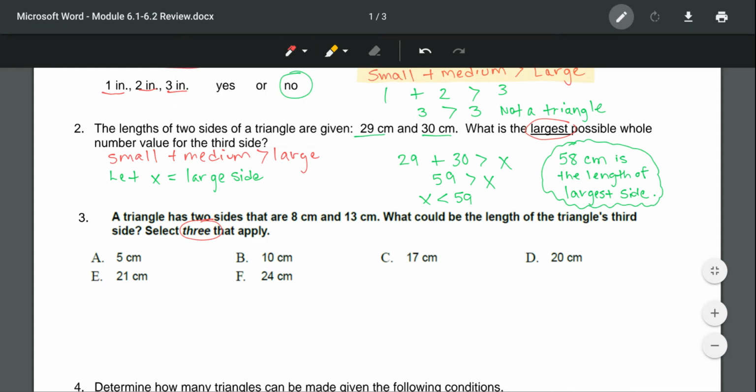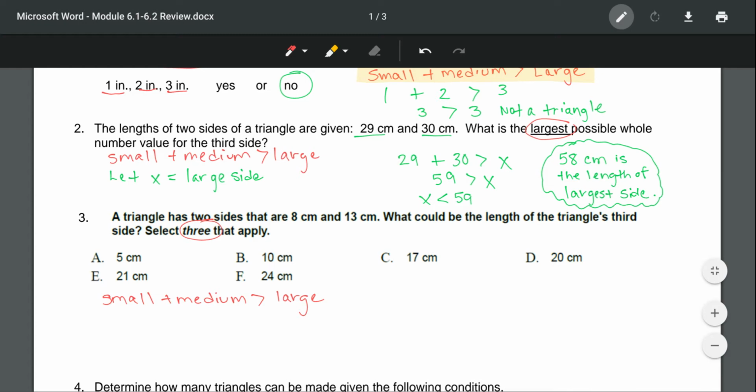So with the triangle inequality, again, the small plus the medium side has to be greater than the largest side. One way to look at this is to look for how small and how large your third side could be.